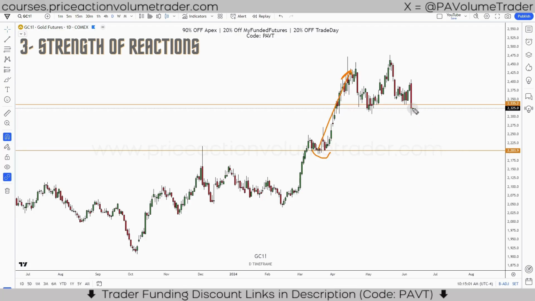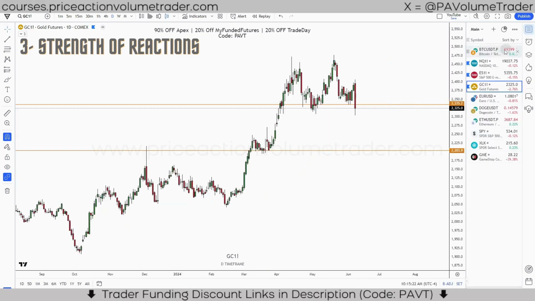So now if we would come back down here, I'm definitely watching this as a potential area for a big move from there. Same thing with the top level we talked about. It was big resistance in the past. We came back into it and we did have a good reaction off of it.